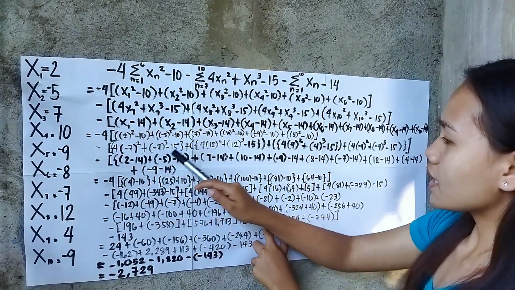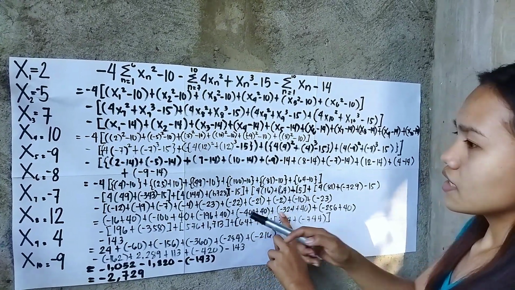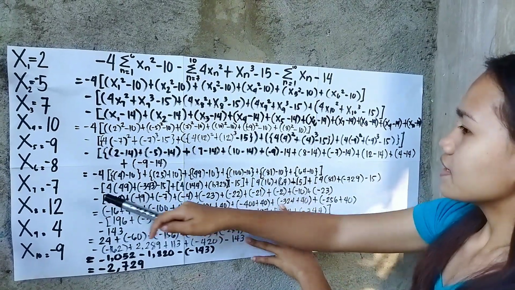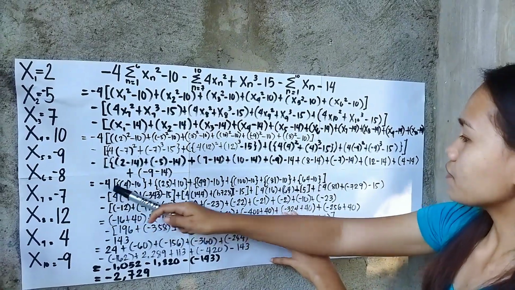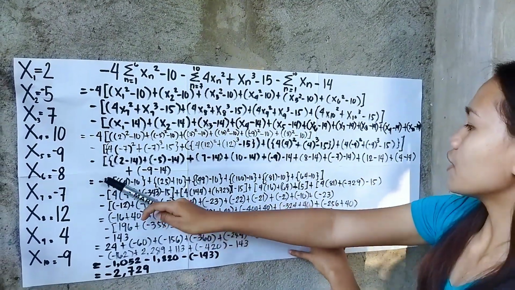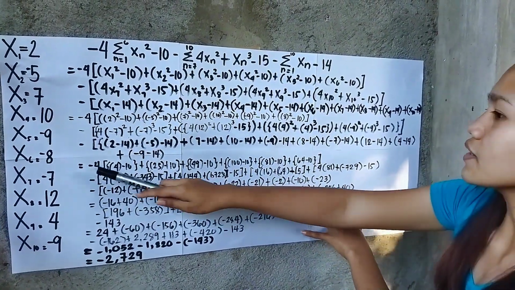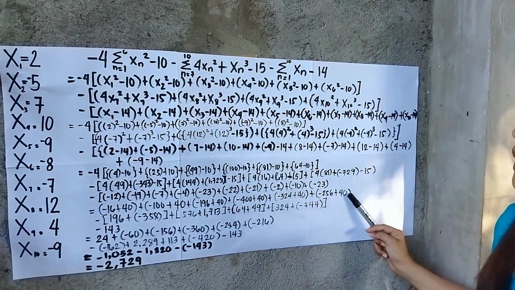Then negative 4 times negative 10 equals positive 40. Plus negative 4 times 81 equals negative 324. Then negative 4 times negative 10 equals 40. Then negative 4 times 64 equals negative 256. And negative 4 times negative 10 equals 40.